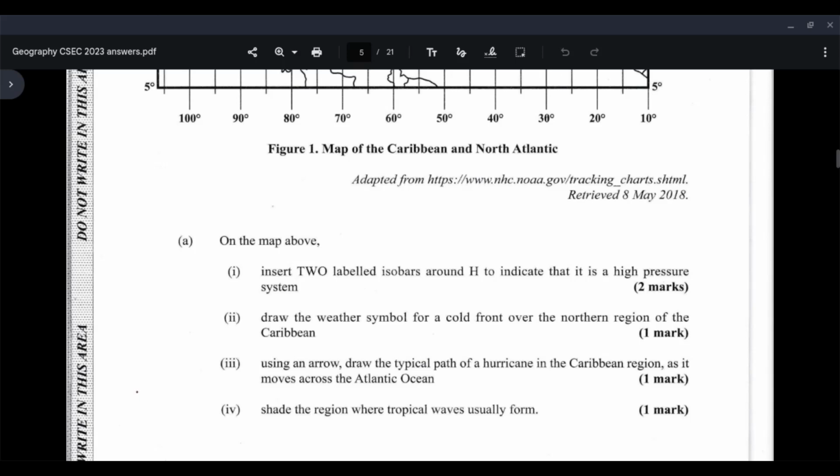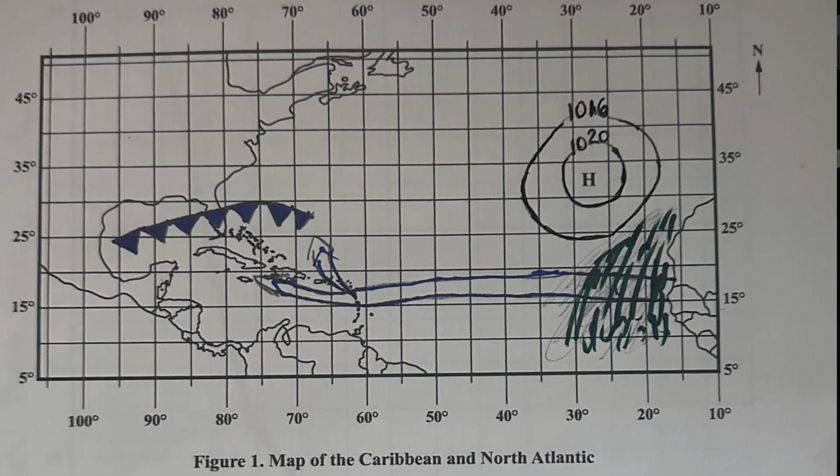Now remember that isobars join regions of similar atmospheric pressure. So here I went ahead and created two circular isobars. Your isobars should indicate that there is a high pressure system.